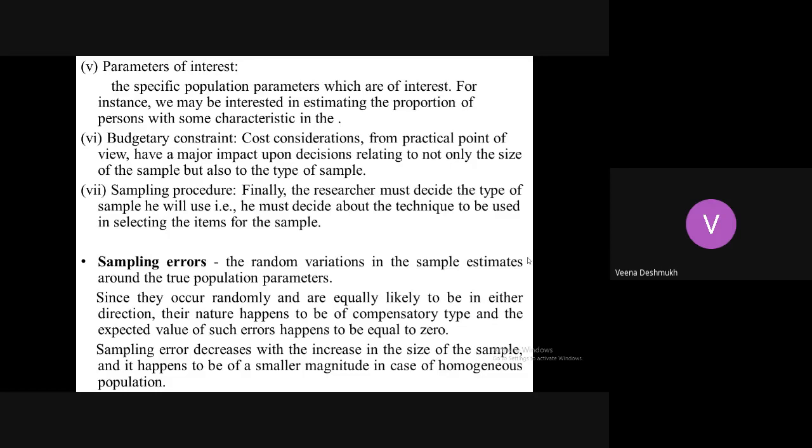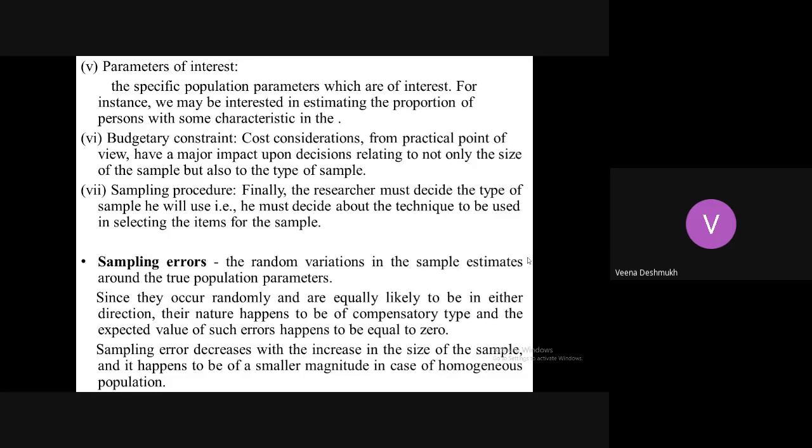The next point is budgetary constraint. Now always whenever any research is carried out, budget is of prime importance. How much funds you can afford to spend on this research. Time and budget, these two are most important things in carrying out any research.